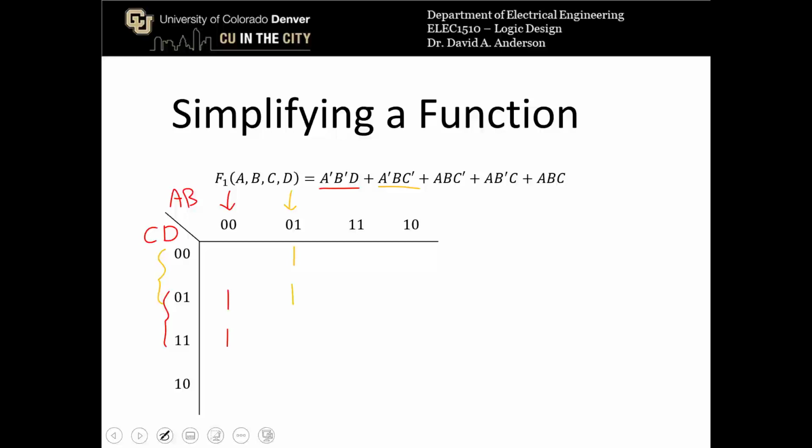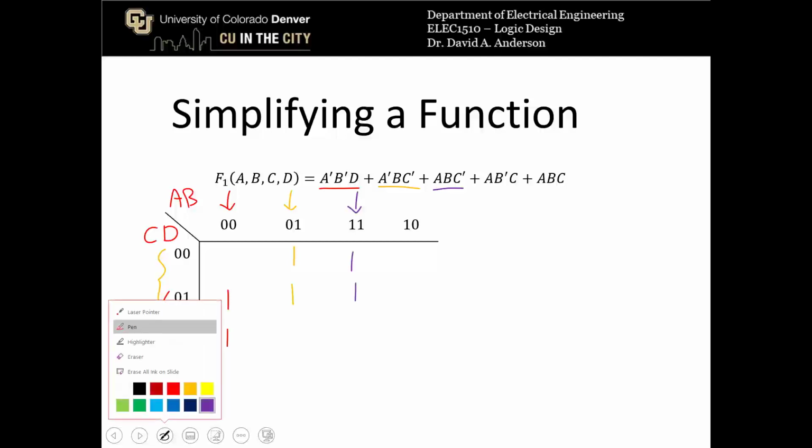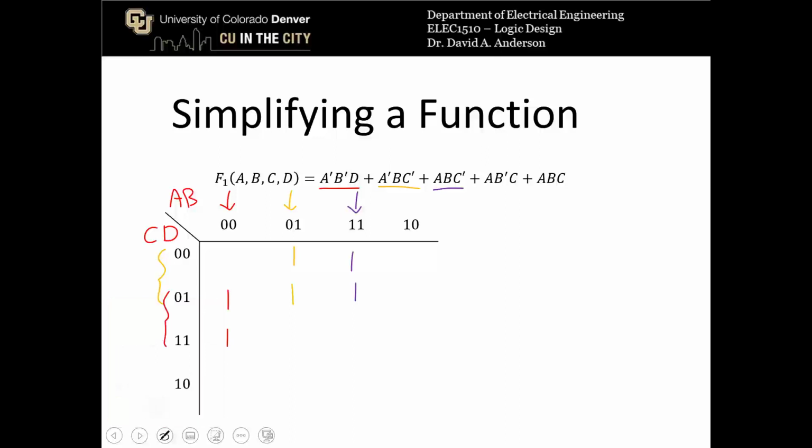Now a, b, c prime is our next term. That's where a and b are both 1, so that's here, and c is a 0, so that would be right here. Our next term is a, b prime, c, so we need to look for where a is 1, b is 0, that's here.